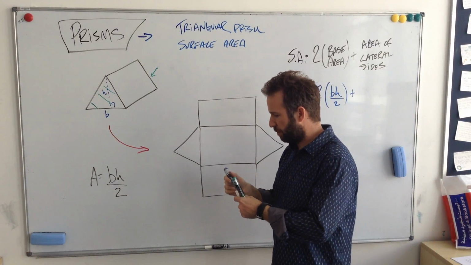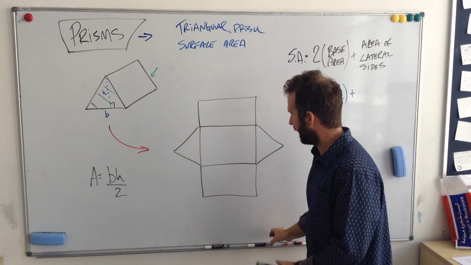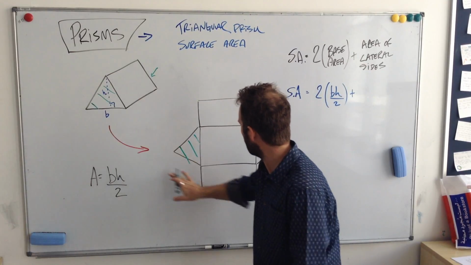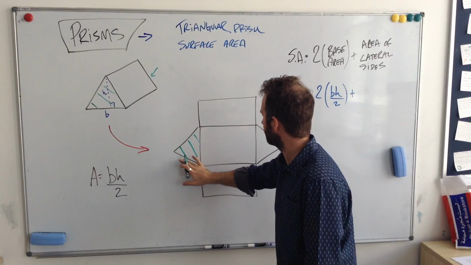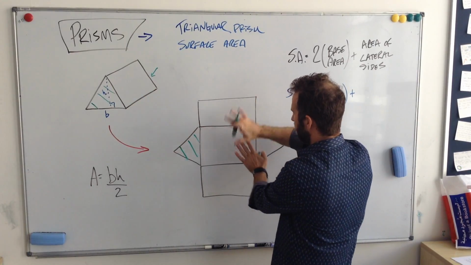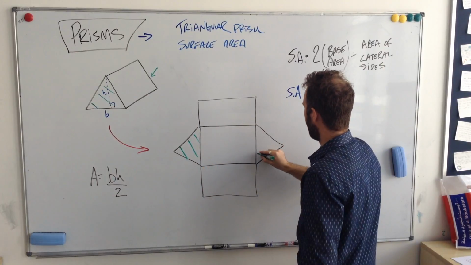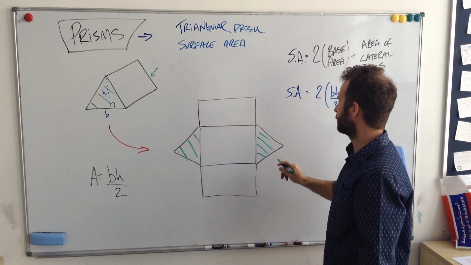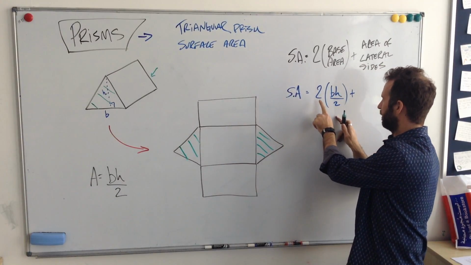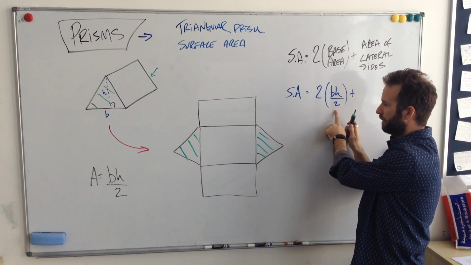So in the last video we talked about this idea that the 2 bases can be represented if we explode our net down here. We've now opened it up so all of the sides are laying flat. Here's our 2 triangles, our 2 triangle areas, which we've represented here as 2 times base times height divided by 2.